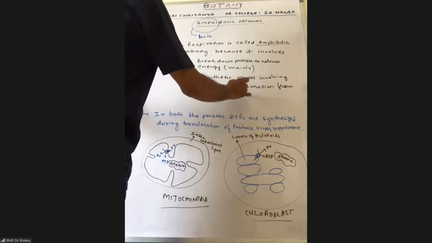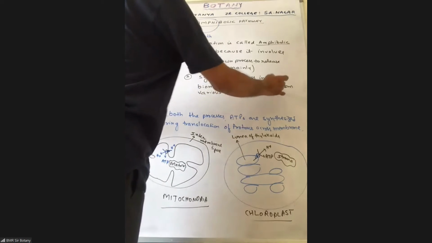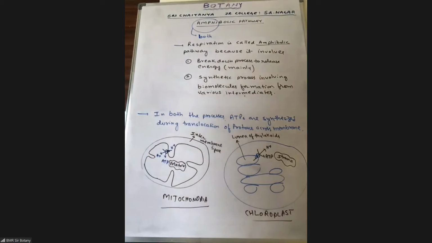It is significant not only in releasing energy, but also forming various kinds of molecules. Some of the intermediates of it, the carbon skeleton formed during this time, is withdrawn, used for other biomolecules formation. Some examples we take. Done all of you this?